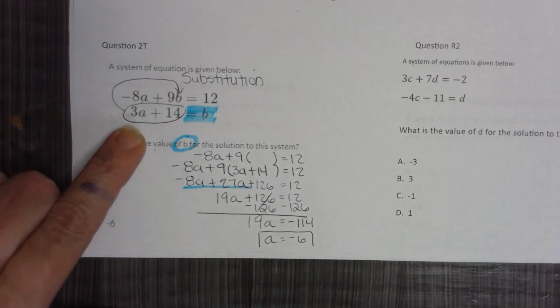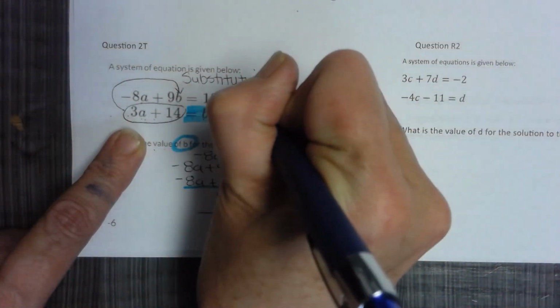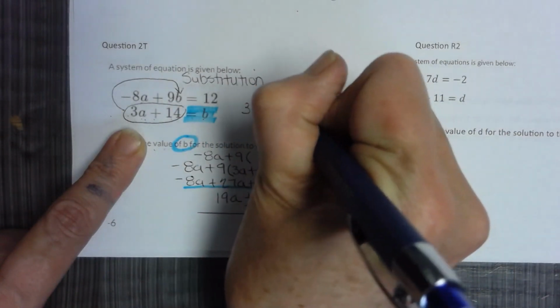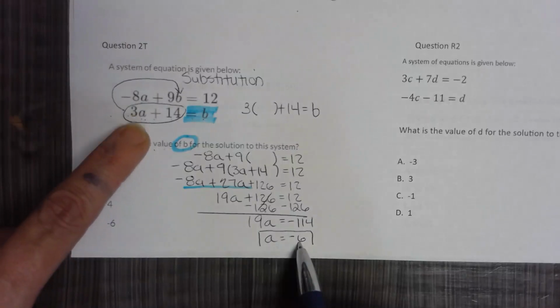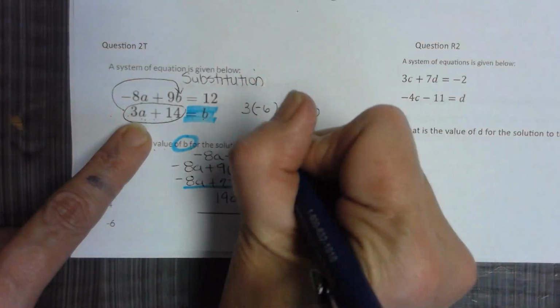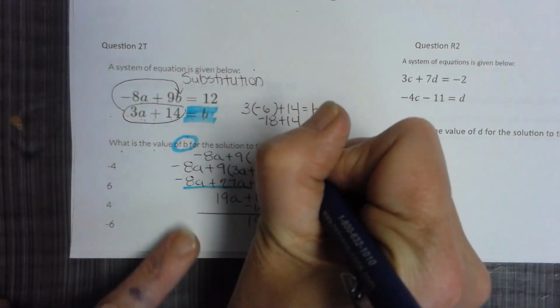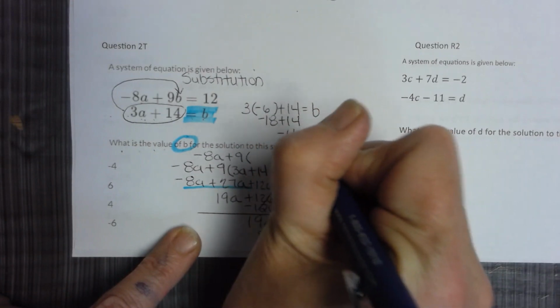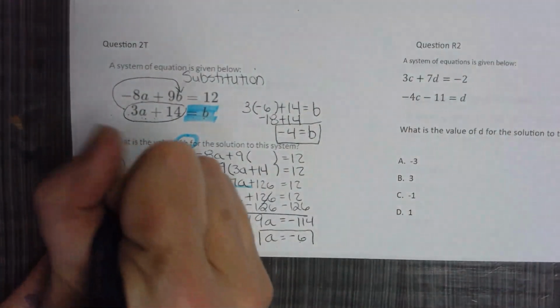So I'm going to plug it in right here. 3 blank plus 14 equals B, and A goes right there. It's negative 6. So now this is negative 18 plus 14, which gives me a negative 4. So the correct answer is negative 4.